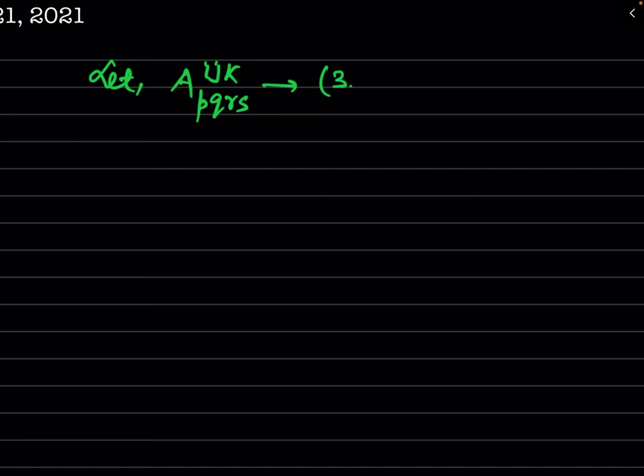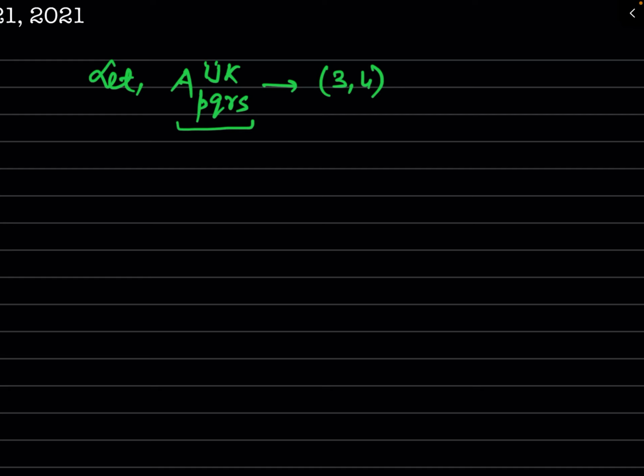This will be a tensor of type (3, 4). Here 3 is the contravariant rank of this tensor and 4 is its covariant rank. Now, in accordance with the transformation law, if you want to find the components of these tensors in another coordinate system, then what will be its component?